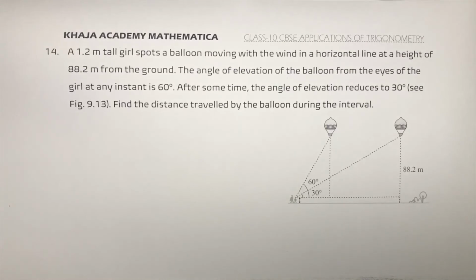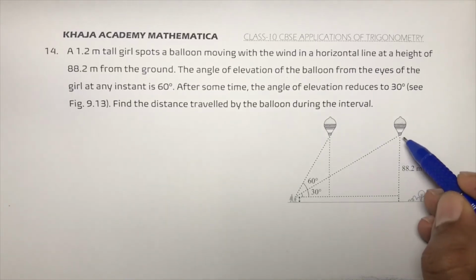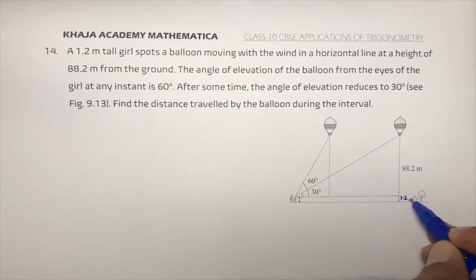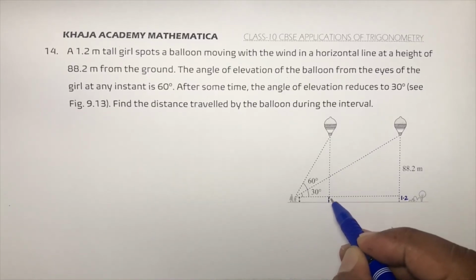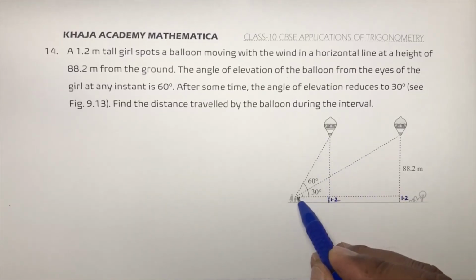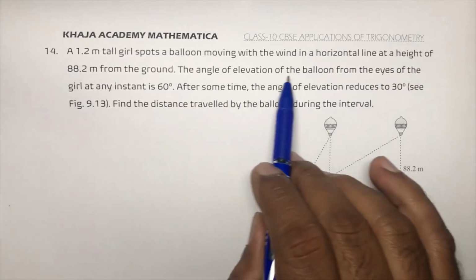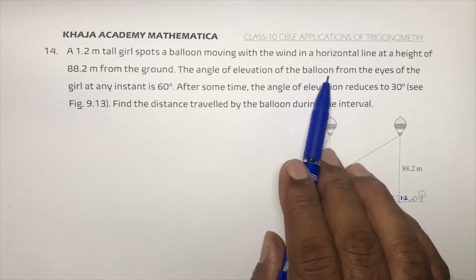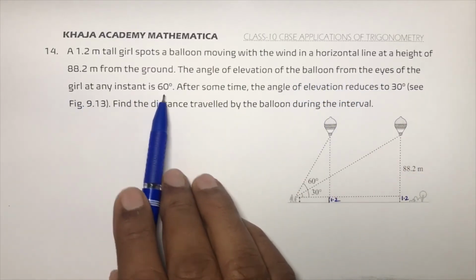A 1.2 meter tall girl spots a balloon moving with the wind in a horizontal line at a height of 88.2 meters. This is 1.2 meters. Because they told the angle of elevation of the balloon from the eyes of the girl at an instant is 60 degrees.